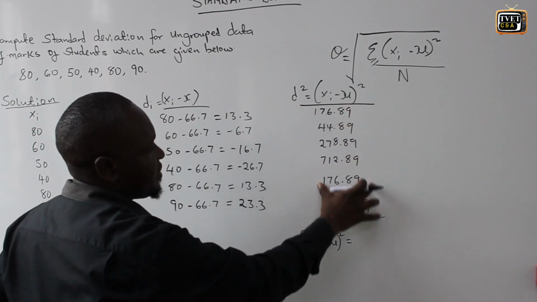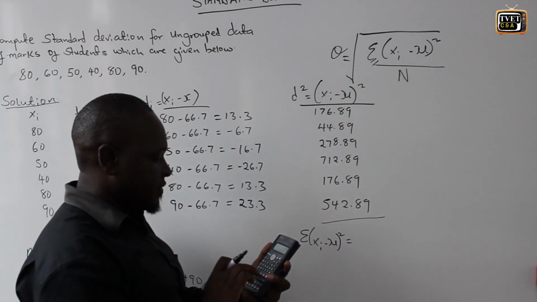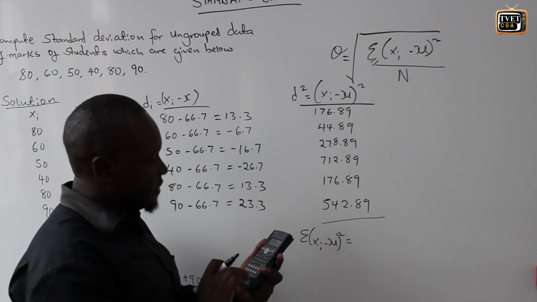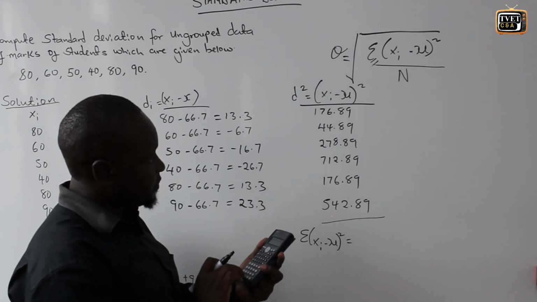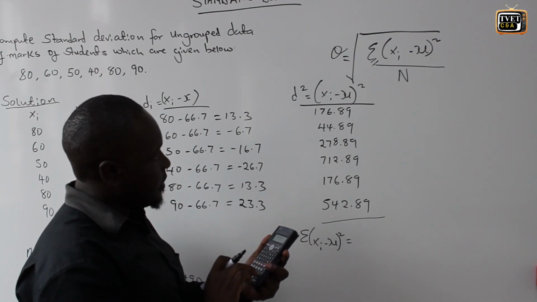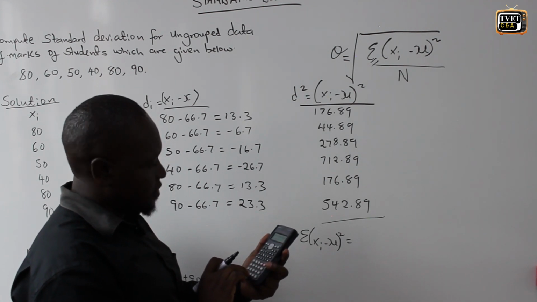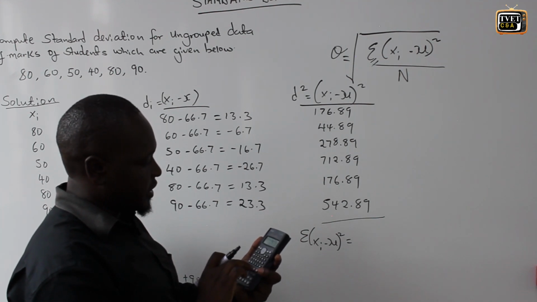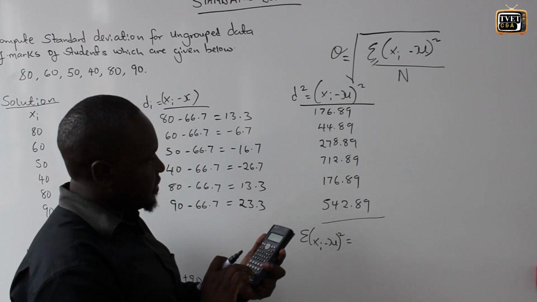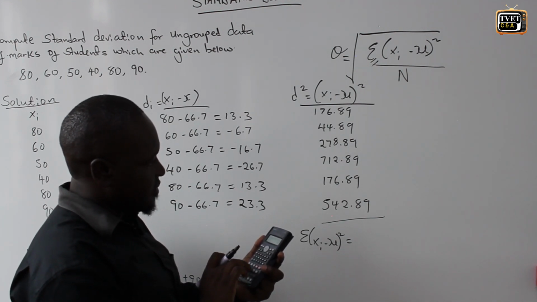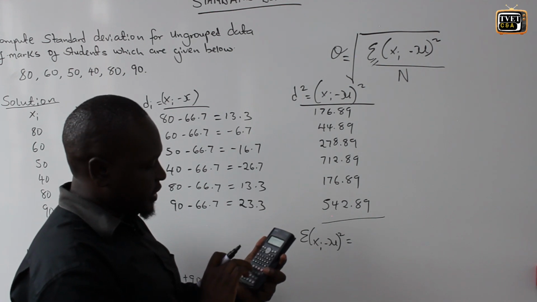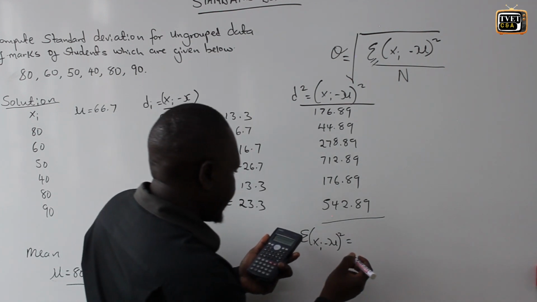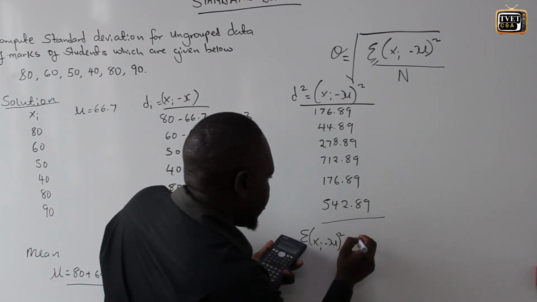You add everything from that column: 176.89 plus 44.89 plus 278.89 plus 712.89 plus 176.89, then finally plus 542.89. You find your total summation will be 1933.34.